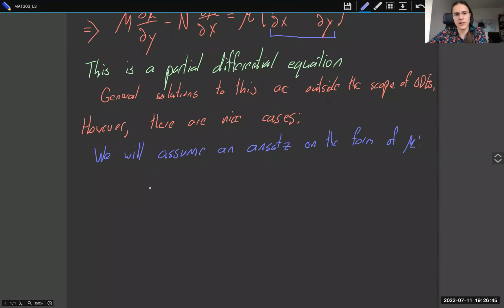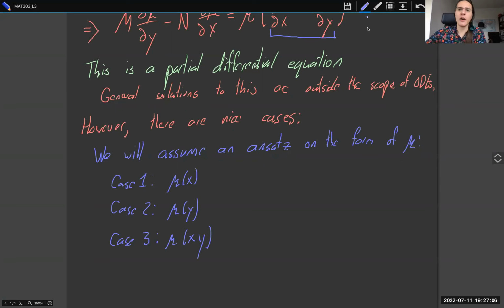And we're going to consider several cases. Case 1 is that mu is just a function of x. Case 2 is that mu is just a function of y. And case 3 is that mu is a function of the product of x with y.